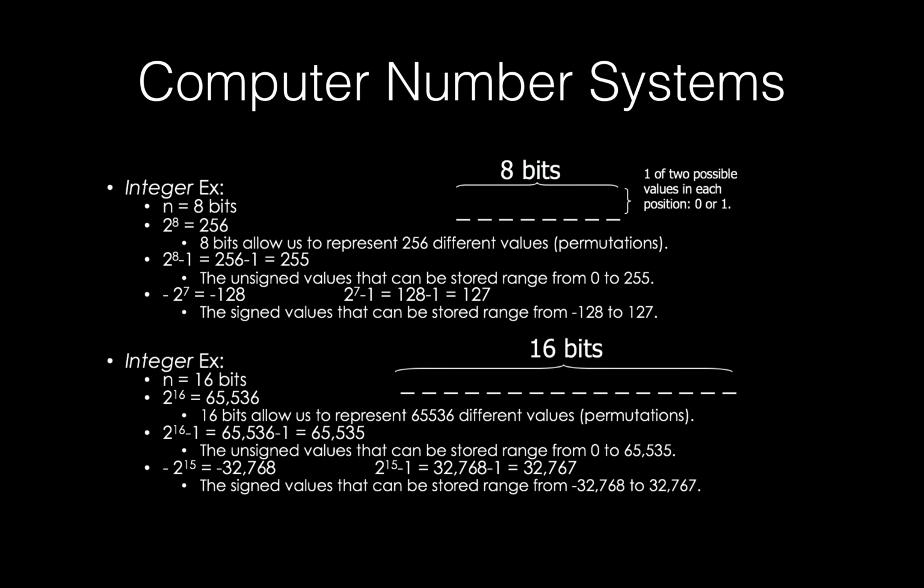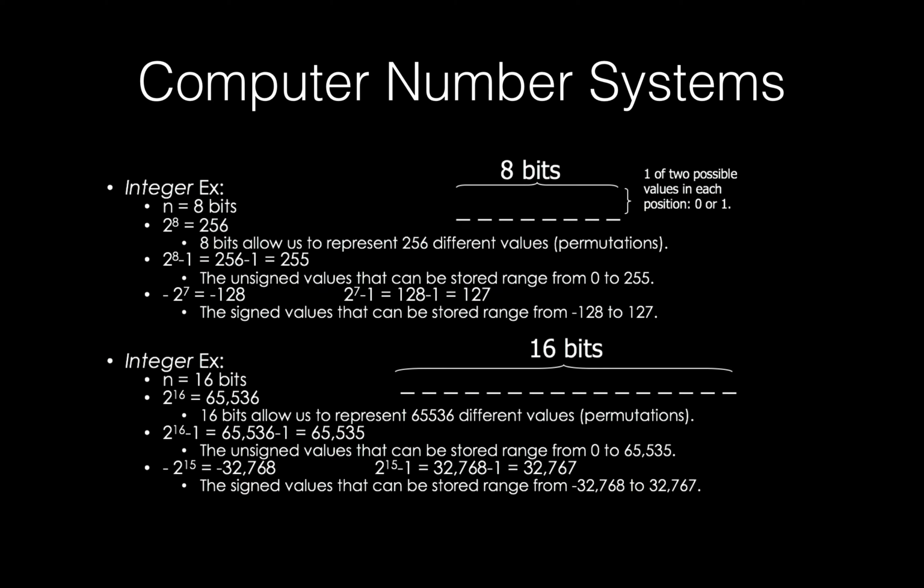And here we have an example. Let's say we have 8 bits. 8 bits allow us to represent 256 different values, because it's 2 to the 8. If you want unsigned, then the maximum is 2 to the 8 minus 1.